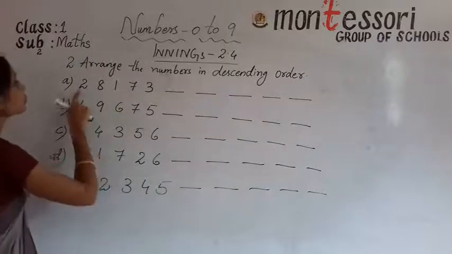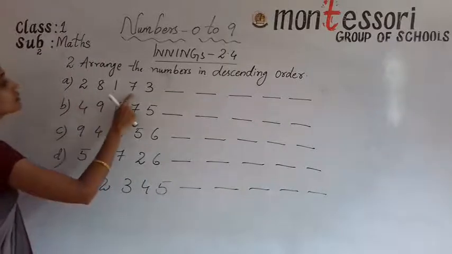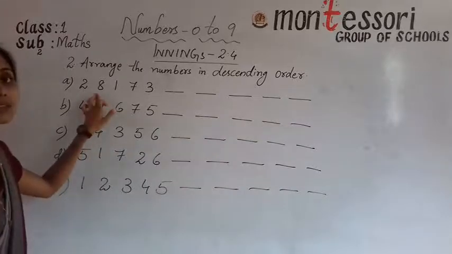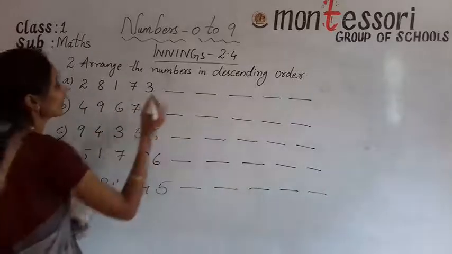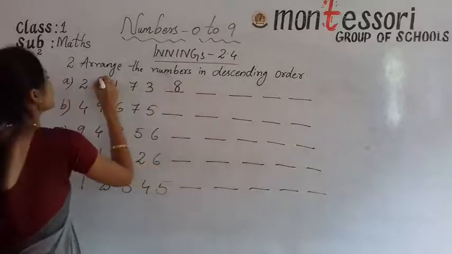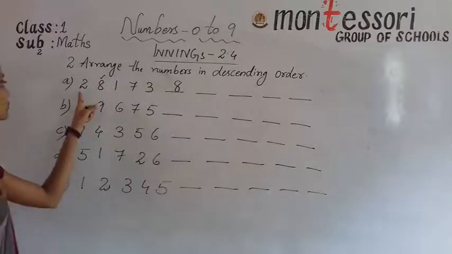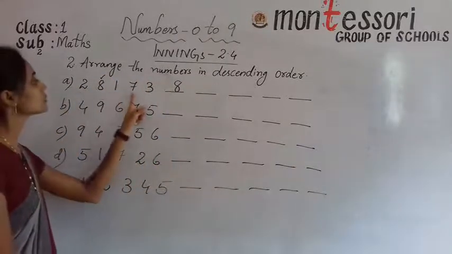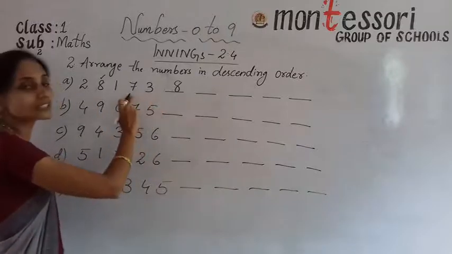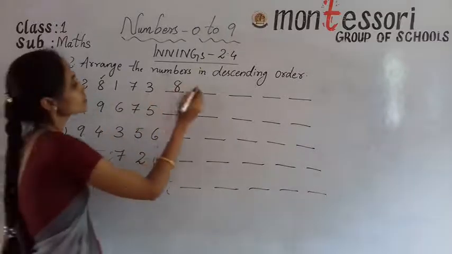So, 2, 8, 1, 7, 3. Which is the greater number? 8 is the greater number. So, we have to write number 8 first. Next, now 2, 1, 7, 3. Among these 4 numbers, which is the greater number? 7.